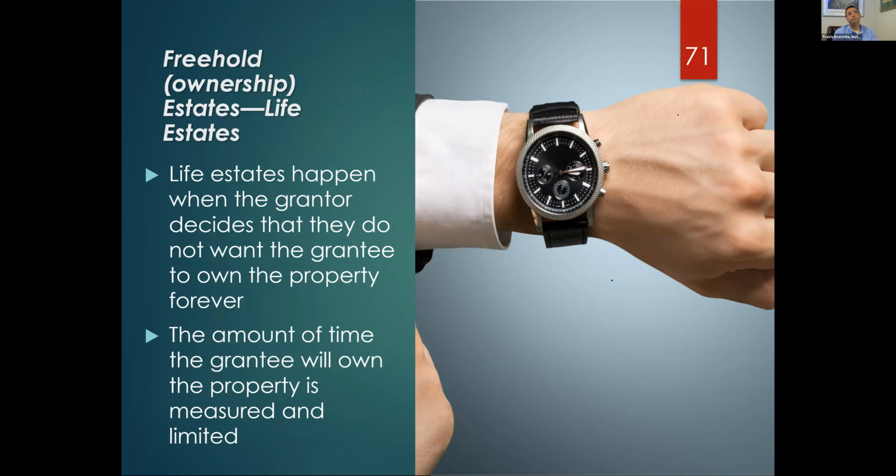And here's the reason for that. When you have a life estate, your ownership not may end, not might end, your ownership will end. Is everybody with me on that? Your ownership will come to an end, and it will come to a very immediate and abrupt end.